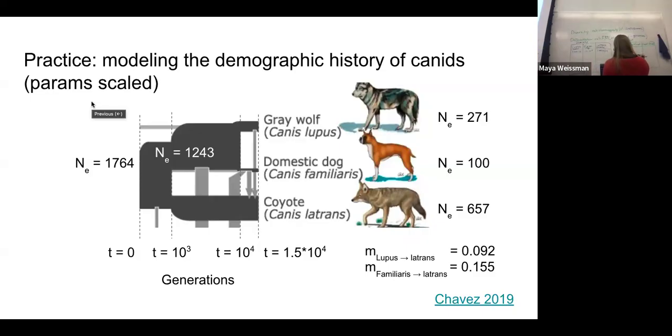It's a stochastic simulation. You will not get the same number every time. Yeah, it's haplosomes, not genomes.